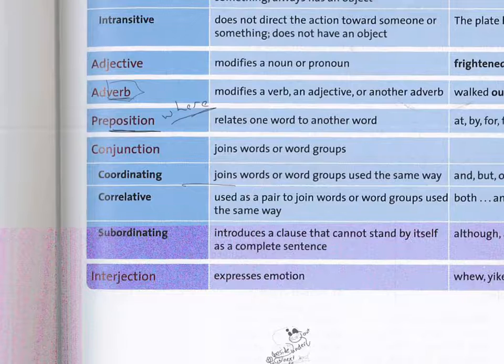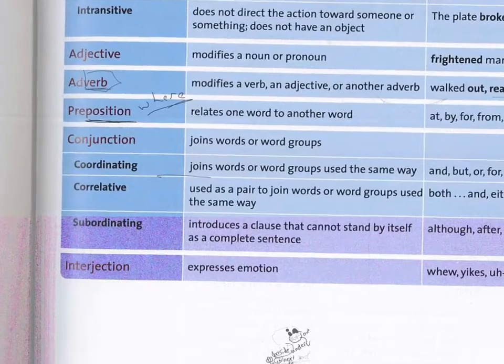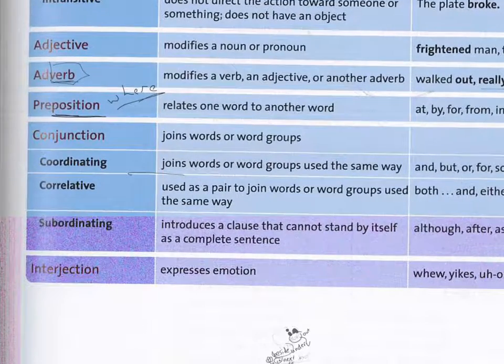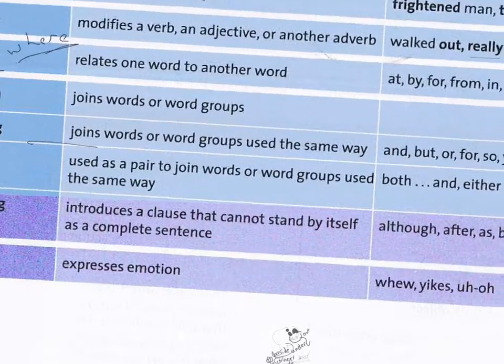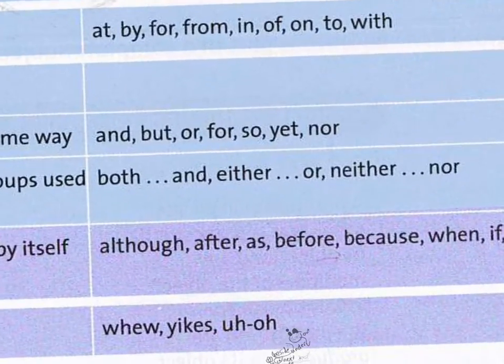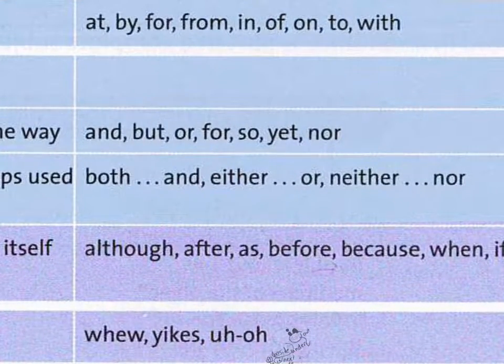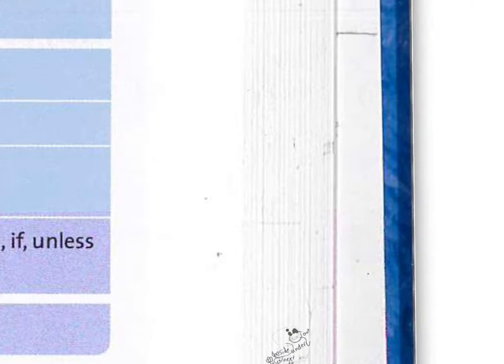The three types of conjunctions: there's the coordinating conjunction, the correlative conjunction, and the subordinating conjunction. Okay. So coordinating conjunction, that's the easiest. They join words or word groups used the same way. And you see this list: and, but, or, for, yet, so, nor. And if you've been in my class, we teach it this way.